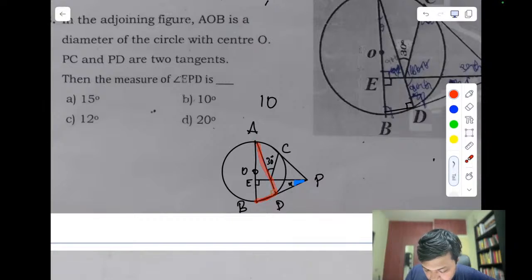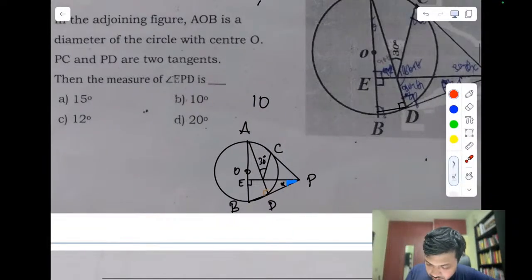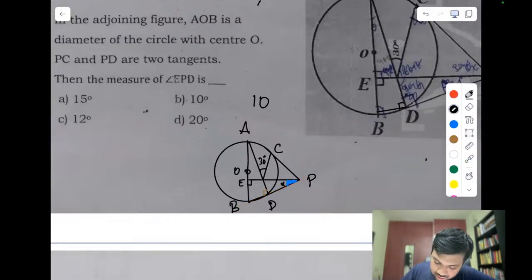This picture is so misleading. I feel like I should draw a better one. This drawing is always confusing, as if P, D, B are collinear. They are not collinear actually in the drawing. I should draw a better picture.